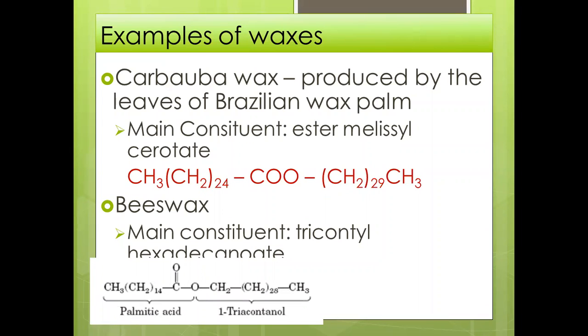So that one is not a wax, although it's waxy because it's solid. Petroleum jelly is composed of high molecular weight hydrocarbons. Again, it's a byproduct of the fractionation of your fossil oils.